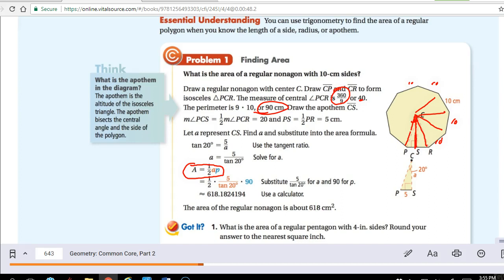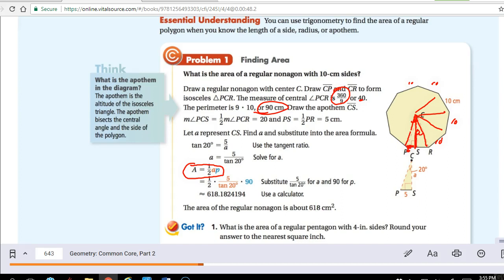So if we think about this, we know that if all the way across is 10, then that right there is 5. This is what I need to know: what A is, or what the apothem is.